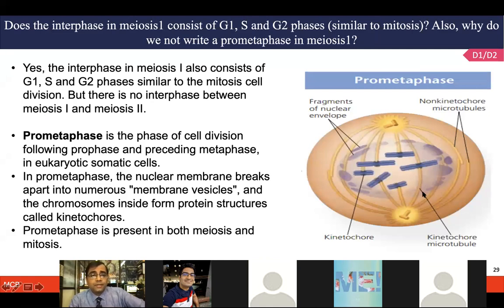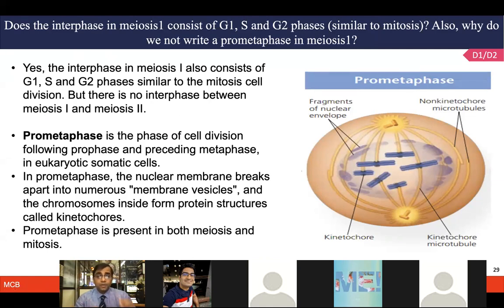Okay, another question is: does the interphase in meiosis 1 consist of G1, S and G2 phases similar to mitosis? Also, why do we not write a prometaphase in meiosis 1? You are right that the interphase in meiosis 1 also consists of G1, S and G2 phases, similar to mitotic cell division.